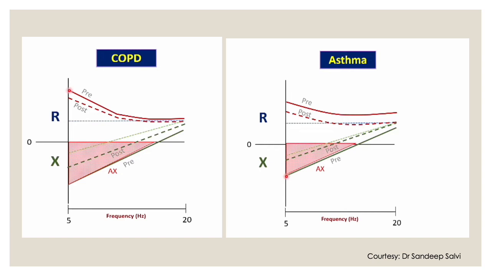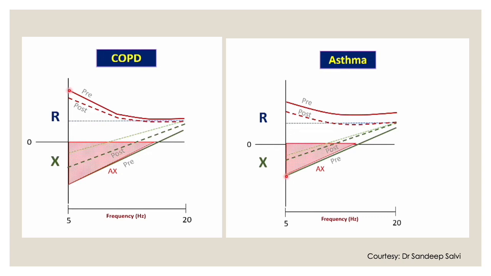So definitely here as well, we see that there is a rise in R5, R20 and R5 minus 20. So all the airways are involved, the large airways, the small airways, the peripheries, and post bronchodilator we see a much better response as compared to COPD.